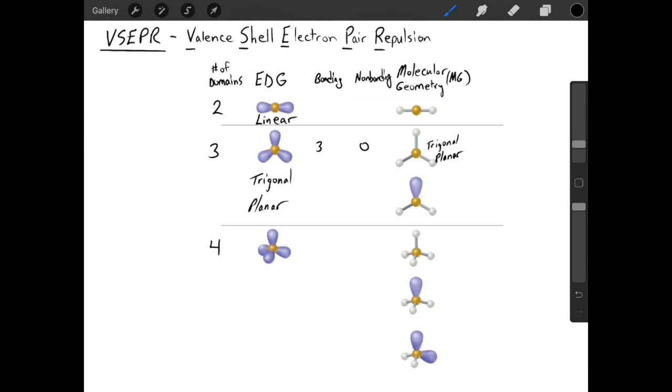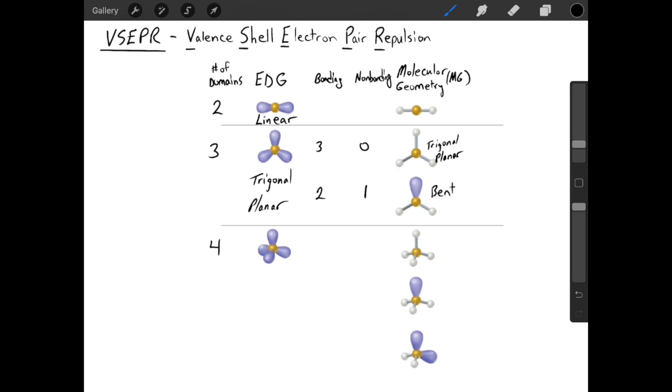This is exactly the same as the electron domain geometry. Nothing has changed. But if you replace one of those bonding domains with a lone pair, you end up with the second situation. Now you've got 2 bonding domains arranged around a central atom, and you have a lone pair as well. And in this situation, you have what is known as a bent molecule, because we only care about the position and angles of the bonded atoms.